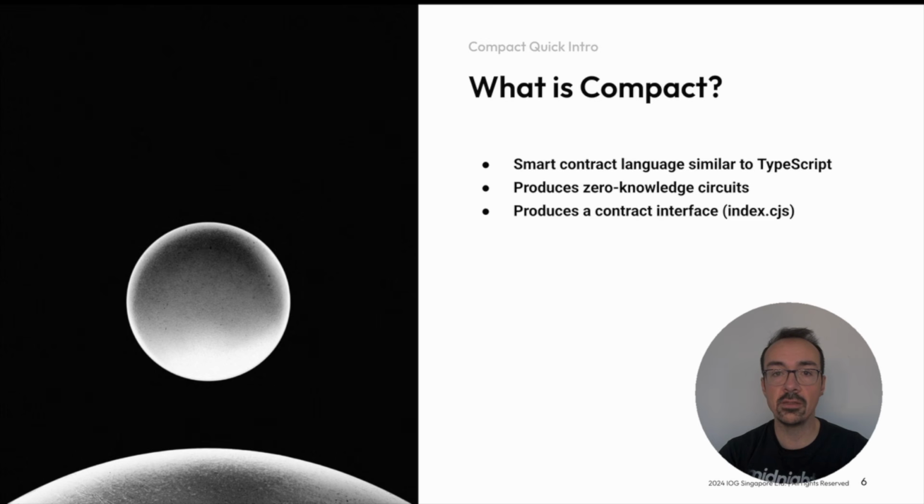In general, the file that is output by the compiler is called index.cjs, and it's in the same folder with the Compact contract, and that's where you're going to find it. Recently, the Compact language has been taken by the Linux Foundation. It's being managed by the foundation, so it's an open source language, and you can learn all about it in our documentation.